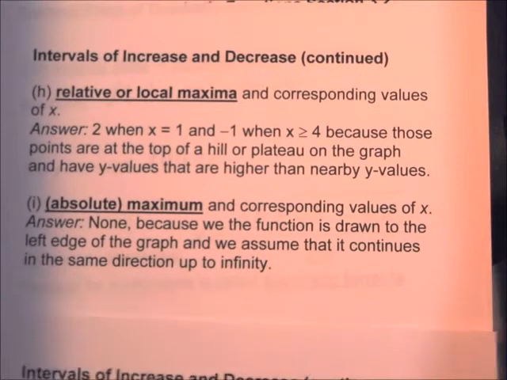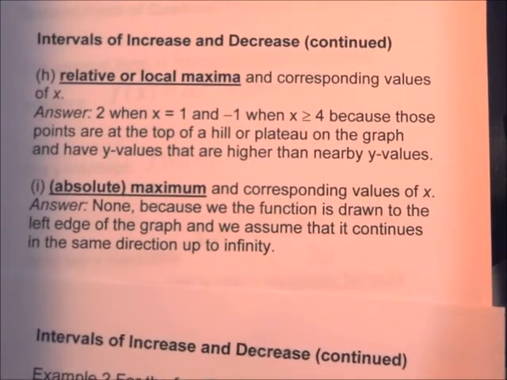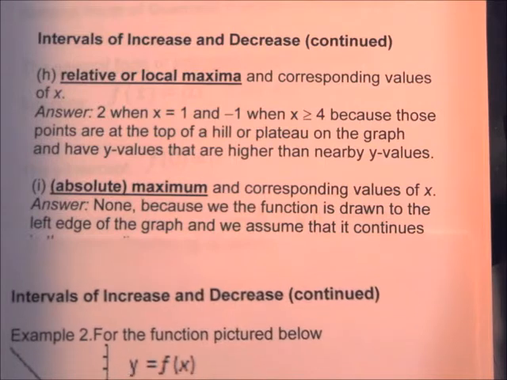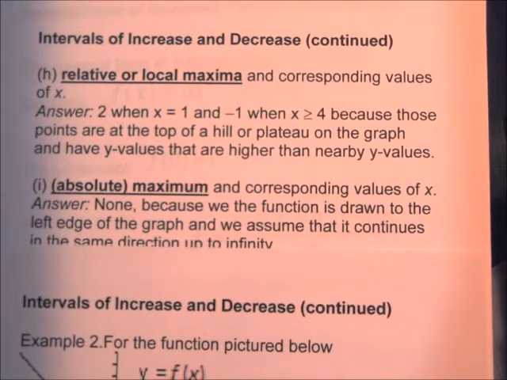The local maximum, or relative maximum, would be the top of a hill or top of a plateau. So here we have a hilltop. The y value here is 2 and the x value is 1.